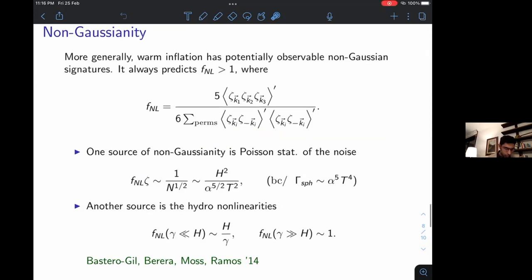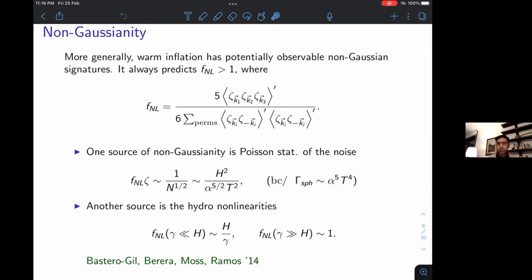And then for the source of non-Gaussianities at leading order, there are two sources that I can say a couple of words about. One is just from the Poisson statistics of the noise term. The fact that the noise term is not perfectly Gaussian means there will be non-Gaussianities, and that will be bounded from below by something that is related to the temperature.